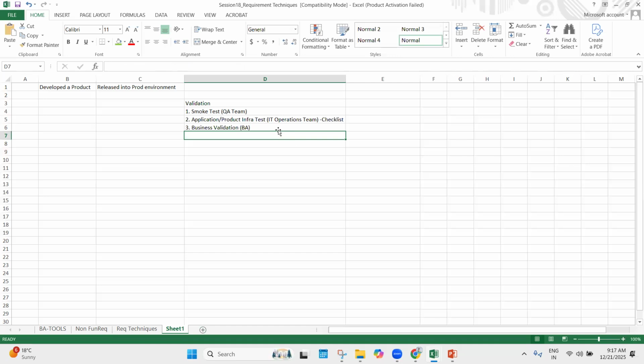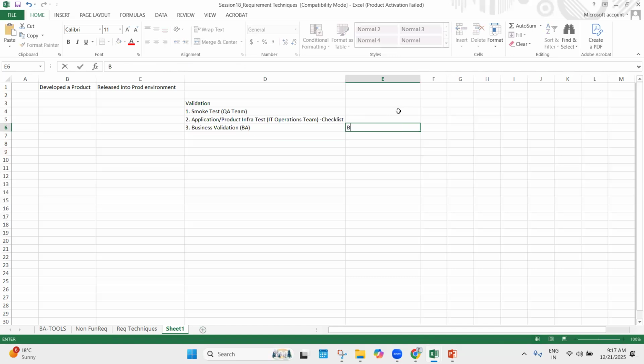And now the business validation here is, the BA will check the business functionality. While we are saying business functionality, let's see it role wise.